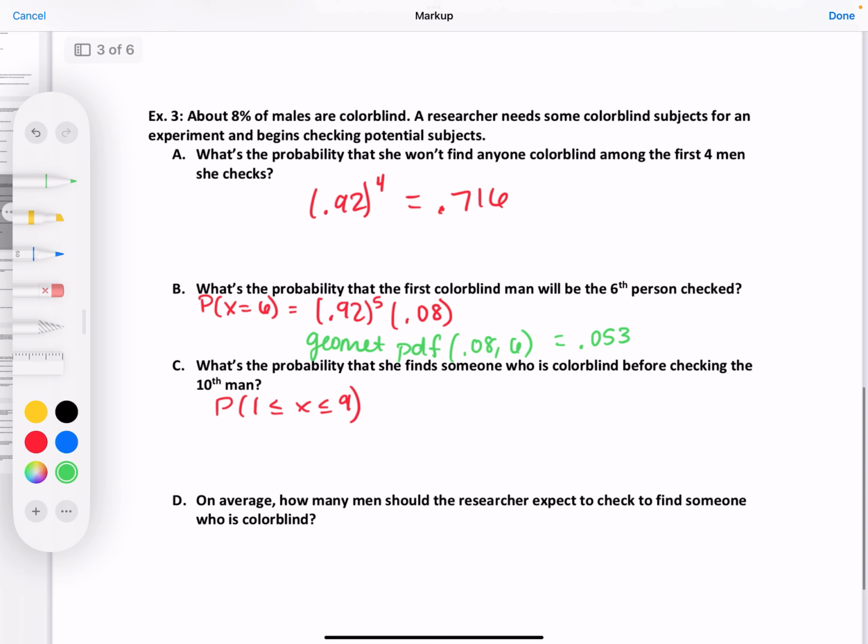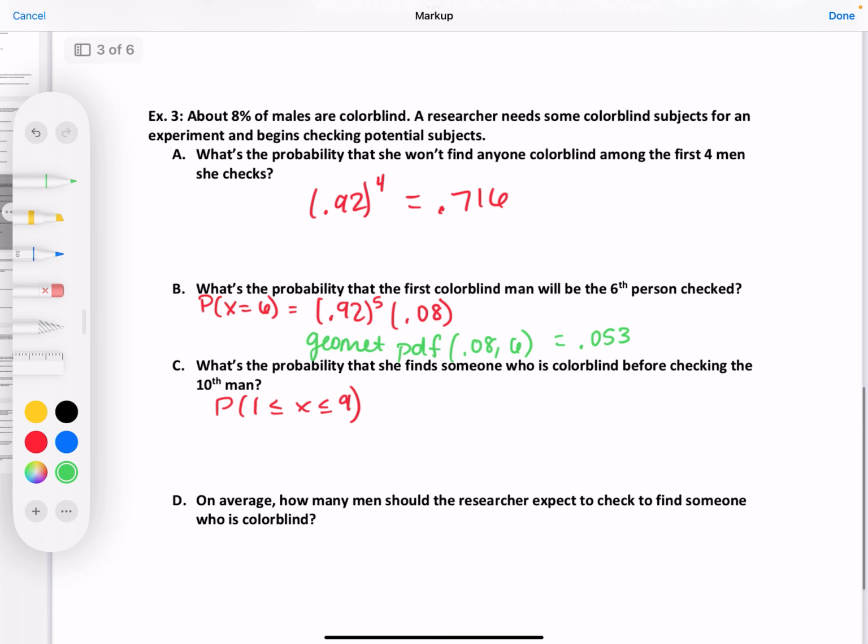Well, first of all, does order matter? You said what? Does order matter? No. Because then you multiply it. Let me rephrase. Does order matter in terms of which person is colorblind? Yeah. Okay, yes. So what function does that mean that I need? Yeah, geometric, and then I care about 1 through 9. So is that PDF or CDF?